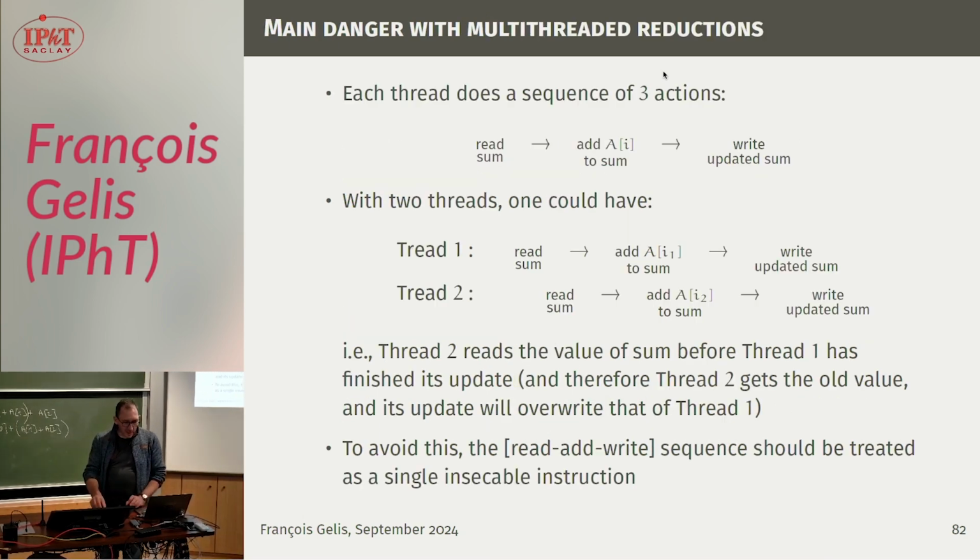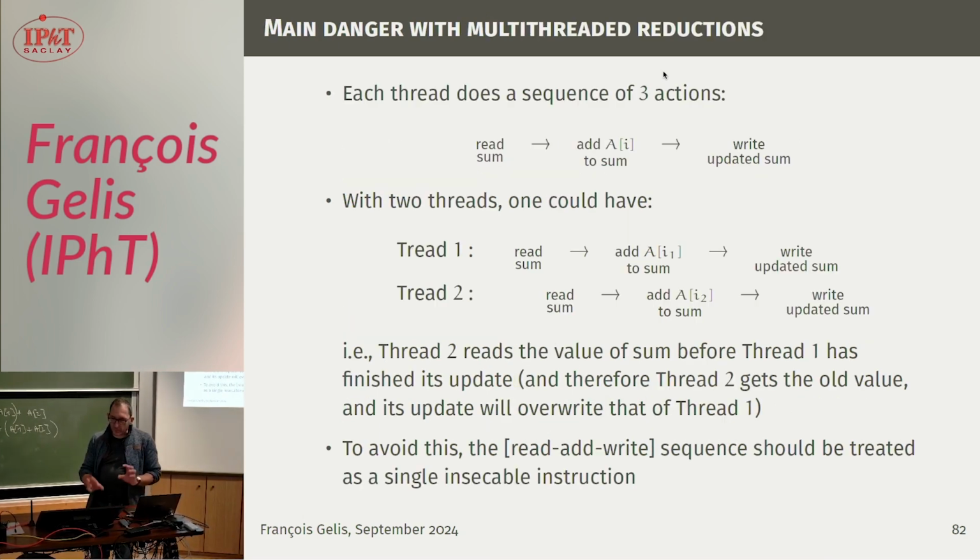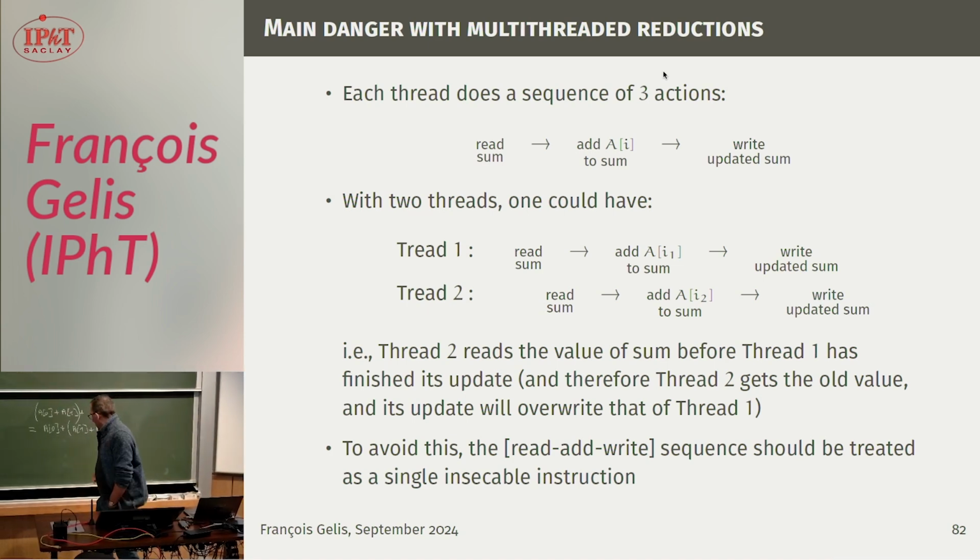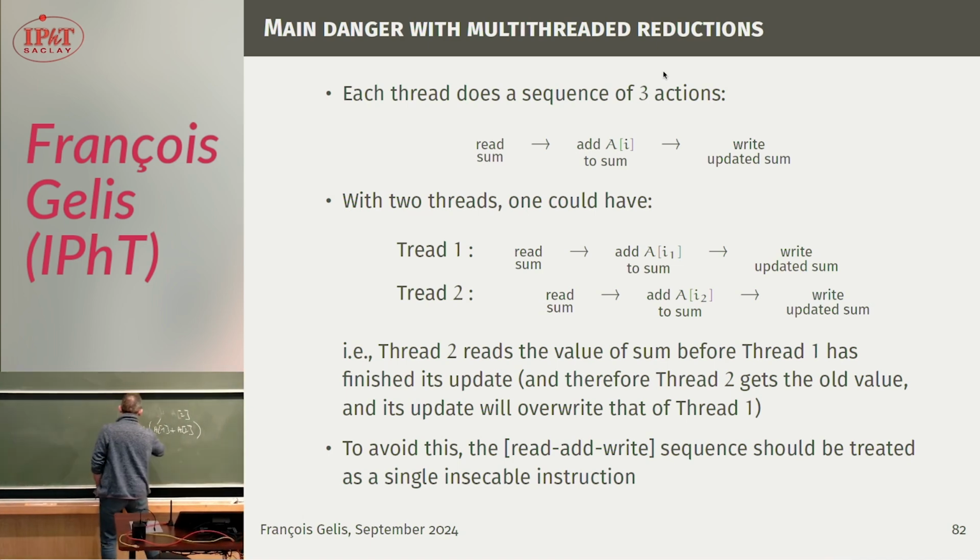Now let me explain what is the main problem with the parallelization of this kind of operation. You have a certain array A_i, and of course you want to calculate the sum of n elements of this array. This is the definition.